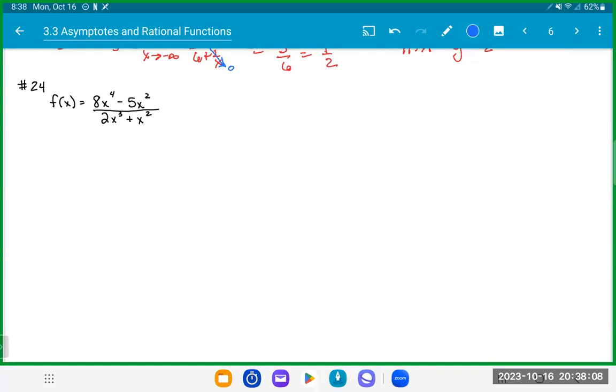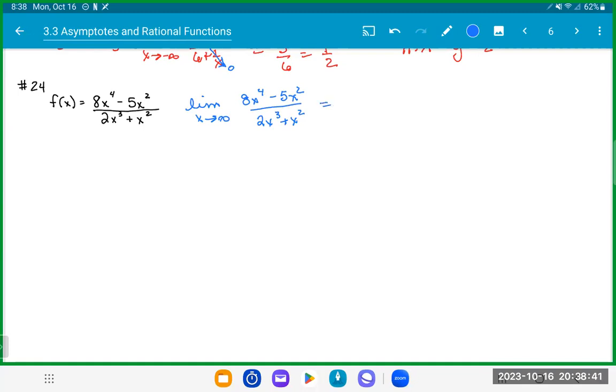So in this one, we're going to do the same thing. And so when we look at this, we'll just say the limit as x approaches infinity of 8x to the 4 minus 5x squared over 2x cubed plus x squared.